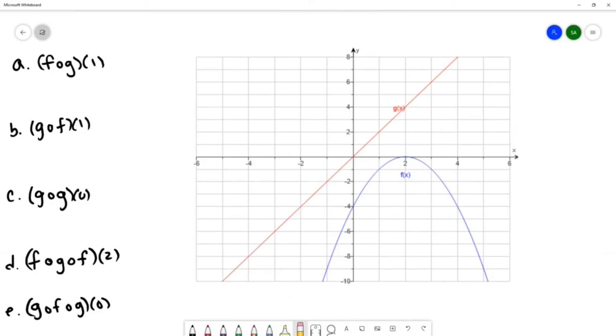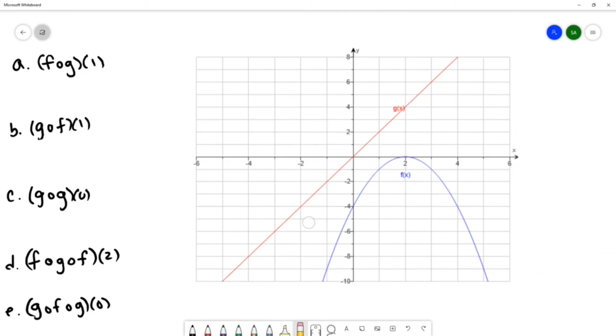And in this question, we want to evaluate some compositions using the graph. We have f composed with g of 1, g composed with f of 1, g composed with g of 0, f composed with g of f of 2, g composed with f composed with g of 0.